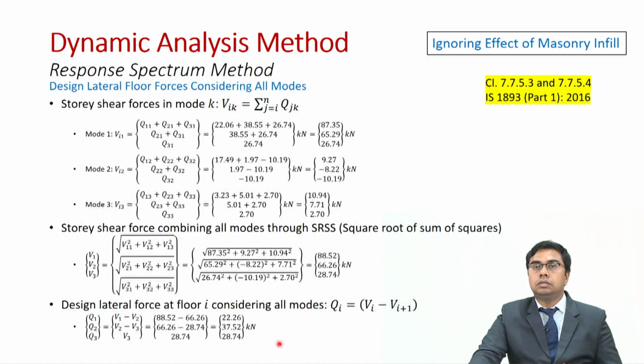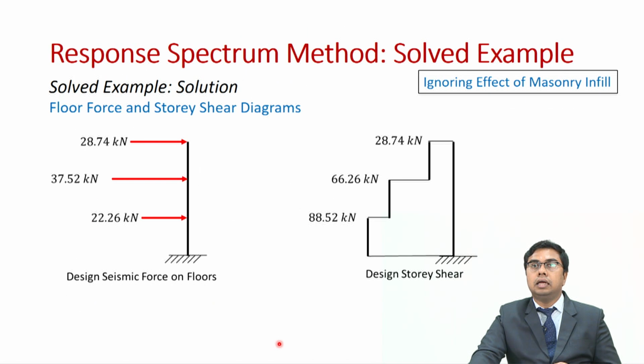So, based on this we can plot a schematic diagram as shown over here for design lateral force on various floors. As you can see, the maximum value is 37.52 kilonewton on the second floor. If we take the sum cumulatively, then we shall get the design story shear. For the top story, it should be 28.74 kilonewton.